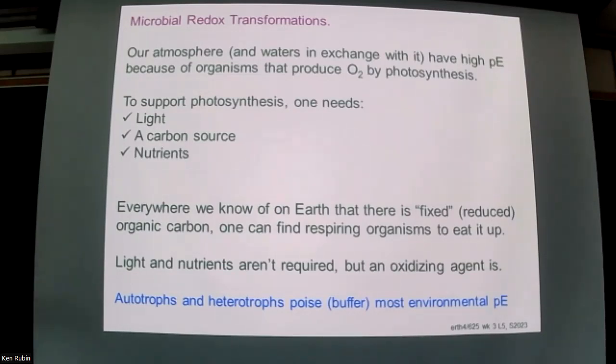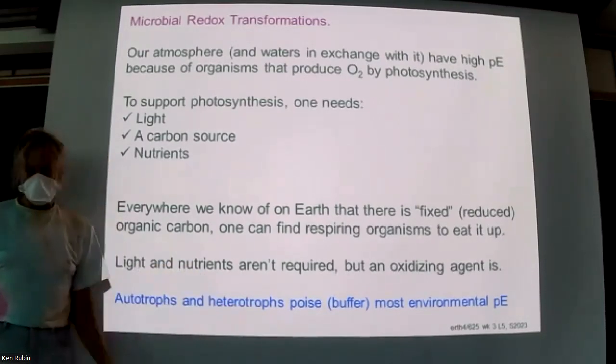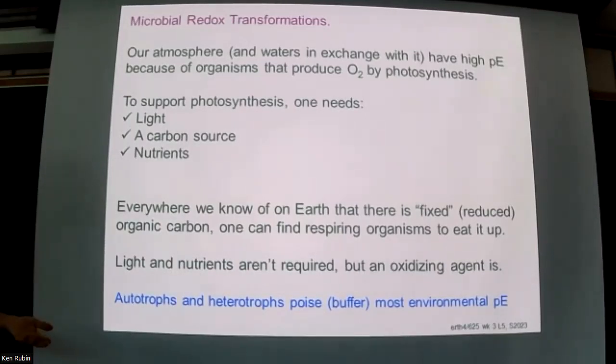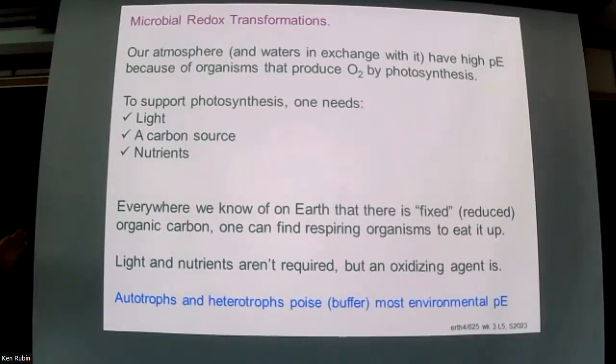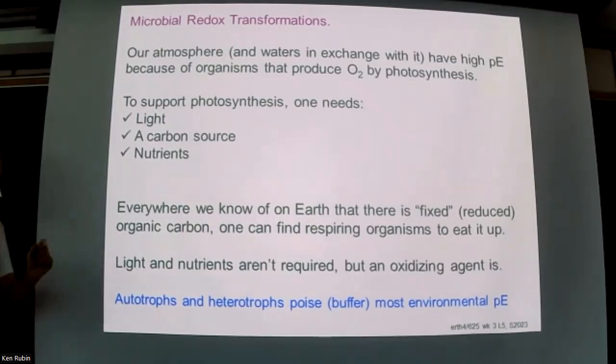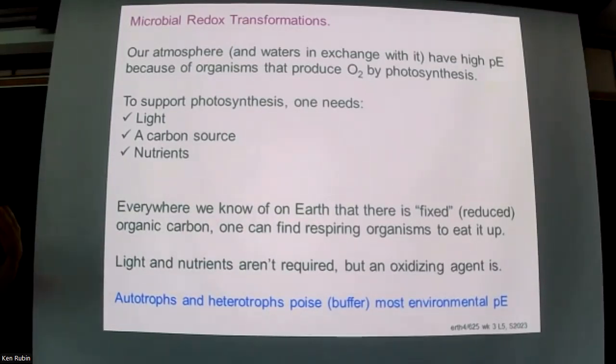Now, the presence of oxygen, which is an oxidizing agent at a high abundance, at a relatively constant concentration, buffers the environment. In redox buffering, we use a different term, we call it poising, but it means the same thing. If you think back to acids and bases, there's a certain acid and conjugate base pair and a certain ratio and concentration that's setting the pH so that you can add a little bit of hydrogen or hydroxide and the pH doesn't change. That's buffered.